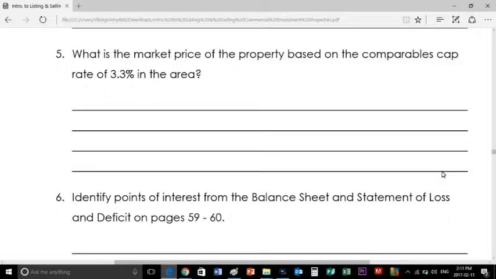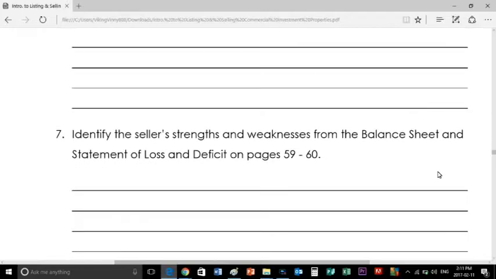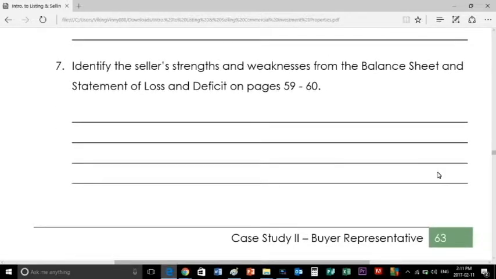Identify points of interest from the balance sheet and statement of loss and deficit on pages 59 to 60. 7. Identify the seller's strengths and weaknesses from the balance sheet and statement of loss and deficit on pages 59 and 60.